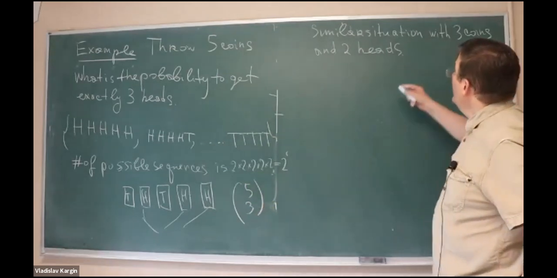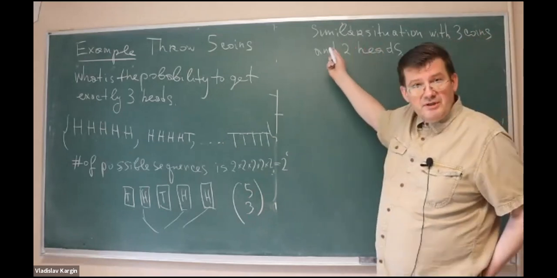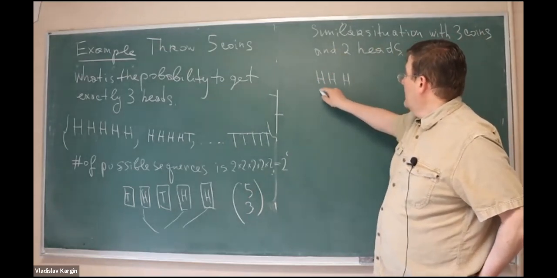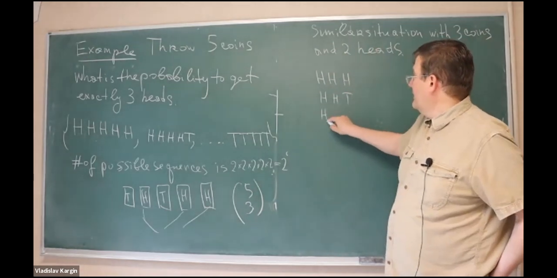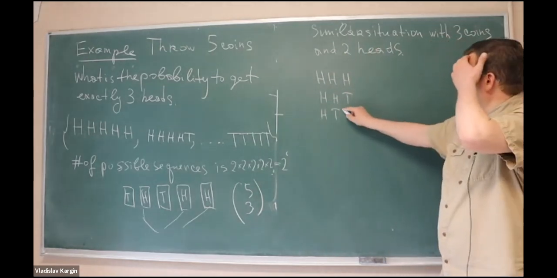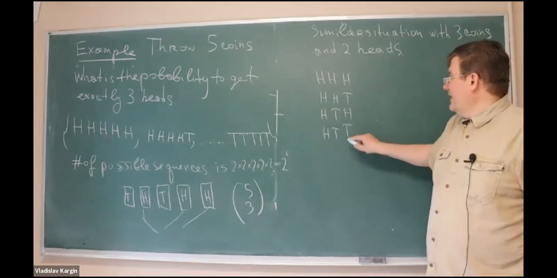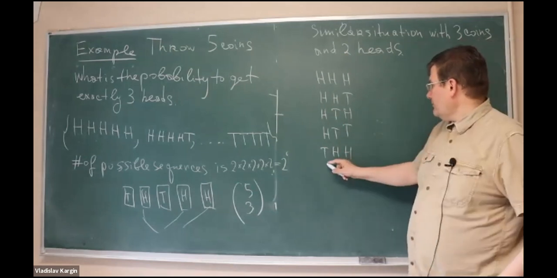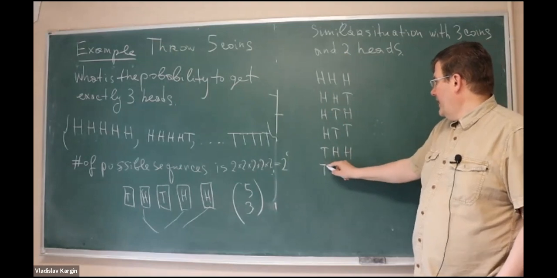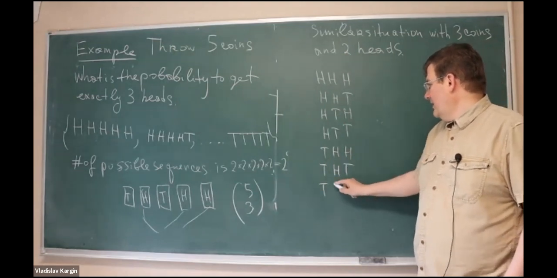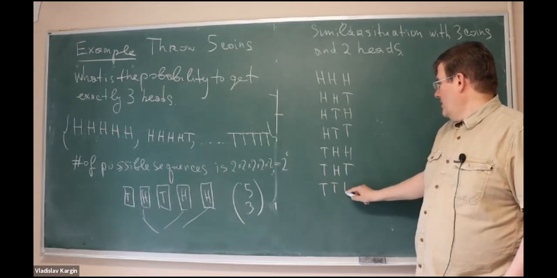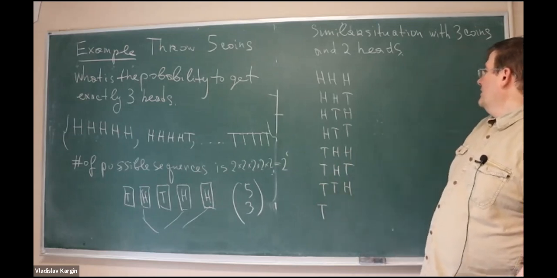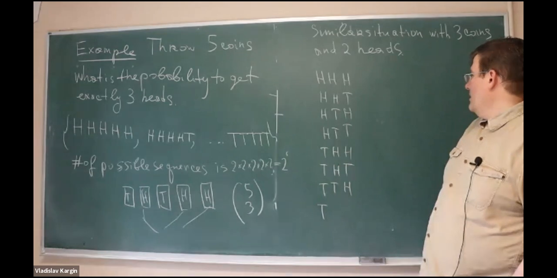So in this case, a similar situation is 3 coins, which is good because I can list them: head, head, head; head, head, tail; head, tail, head; head, tail, tail; tail, head, head; tail, head, tail; tail, tail, head; and tail, tail, tail.